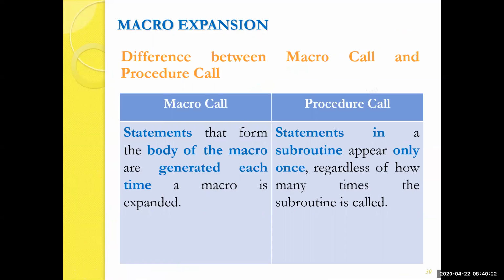So this is the case with the functions as well in high-level language programs. So the major difference is that statements that form the body of the macro are generated every time a macro invocation statement is expanded, while the statements in the subroutine will appear only once, regardless of how many times a subroutine or a procedure is called.